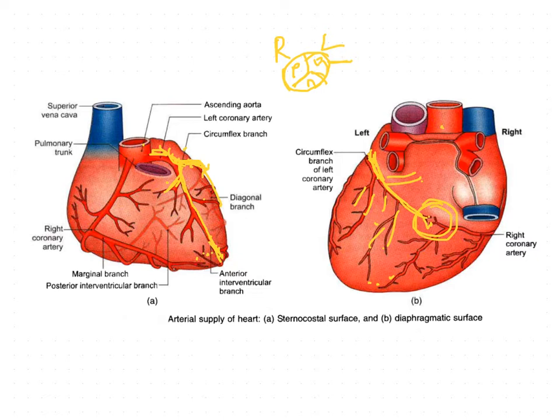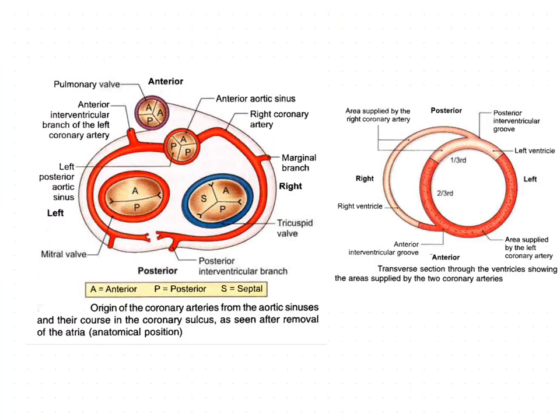arteries of the heart. Now if you see the transverse section at this level, that is the ventricular level, how these ventricles are supplied by these two arteries.